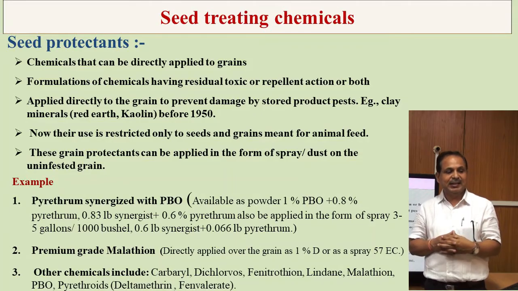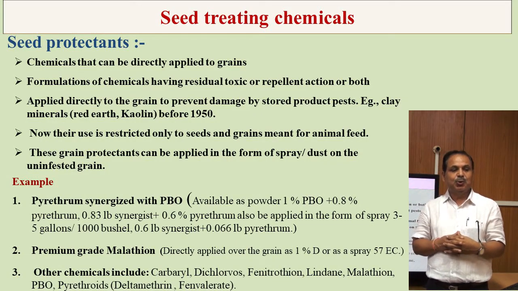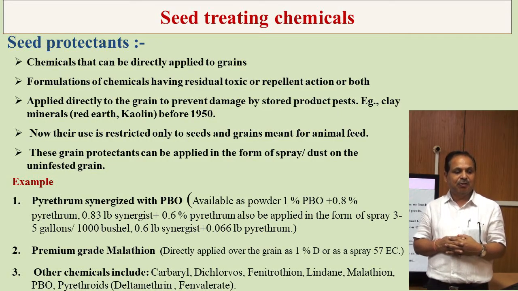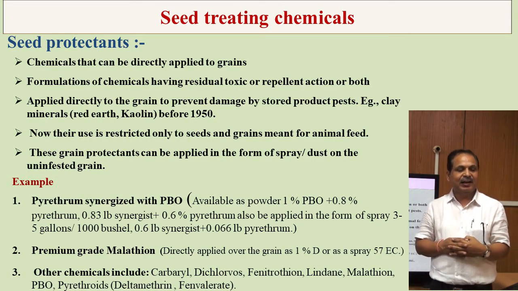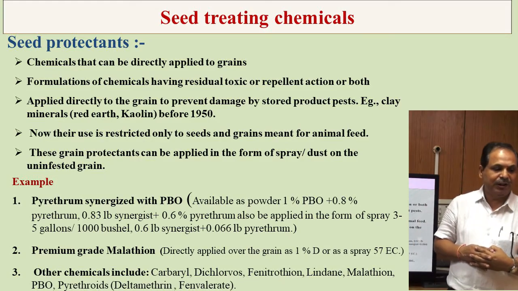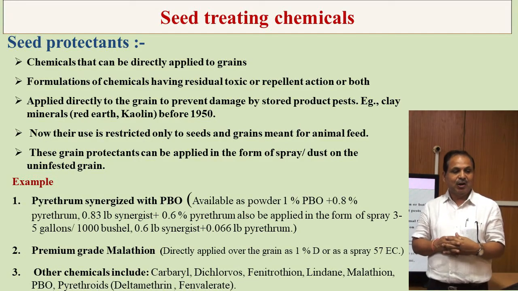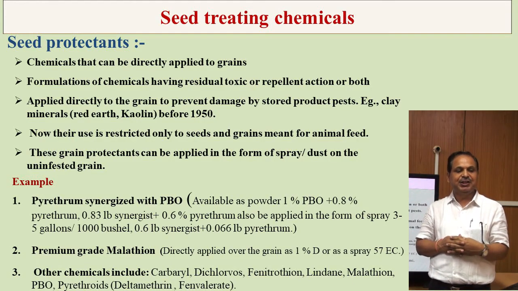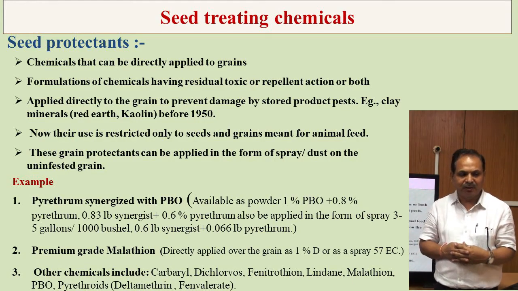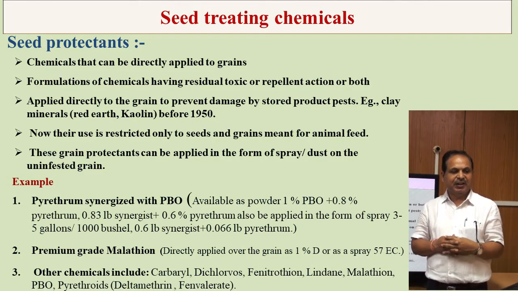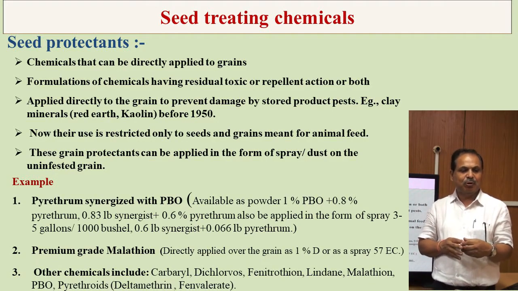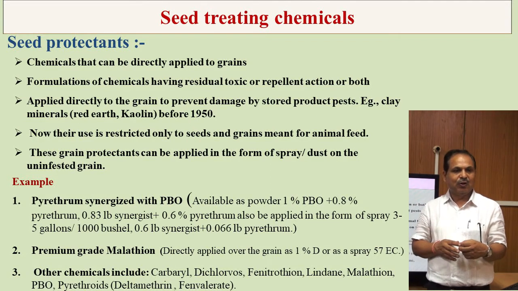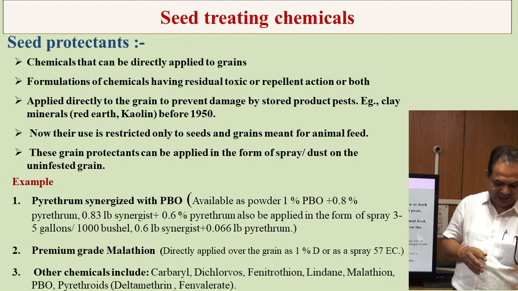They are applied directly to the grain to prevent damage by stored product pests, for example clay minerals, red earth, kaolin before 1950. Now their use is restricted only to seed and grains meant for animal feed. These grain protectants can be applied in the form of a spray or dust on the uninfested grain.